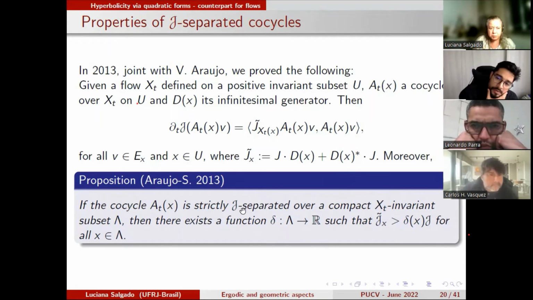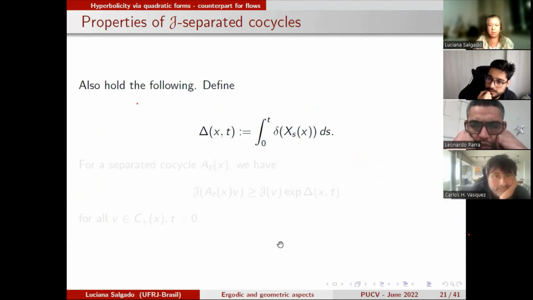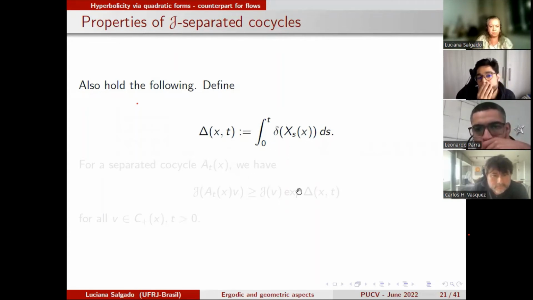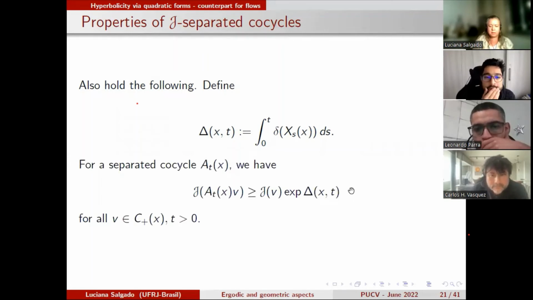By using this proposition, we have obtained the Leibovitz theorem for partial hyperbolic flows. This is the version for partial hyperbolic flows of the theorem of Leibovitz. Let me show how to make it. We consider this integral here of the function delta, and we get this for the separated cocycle.